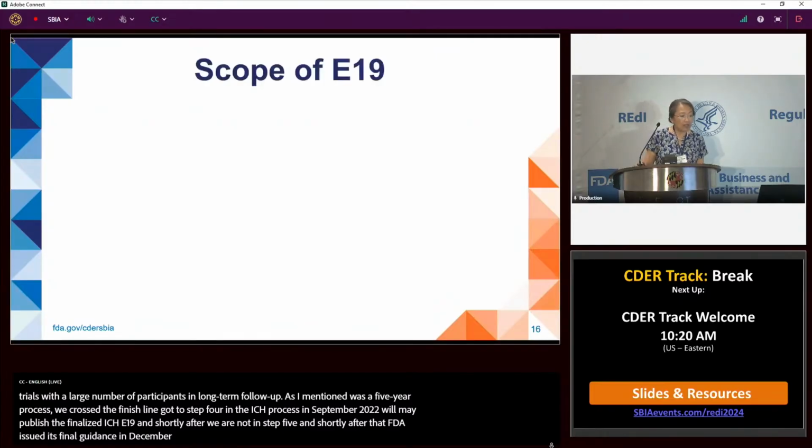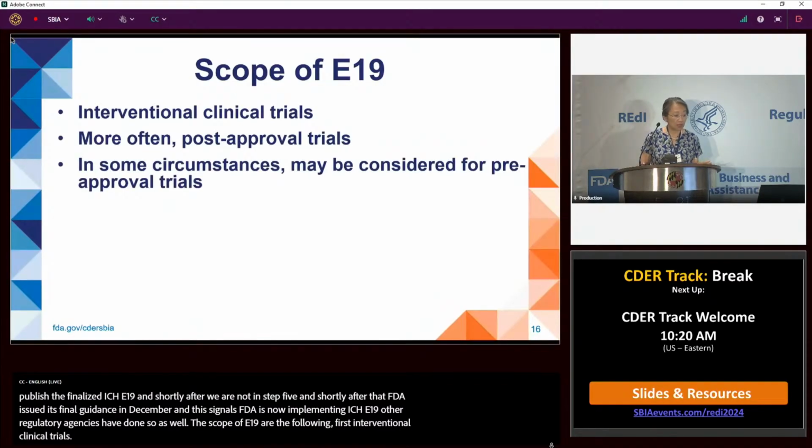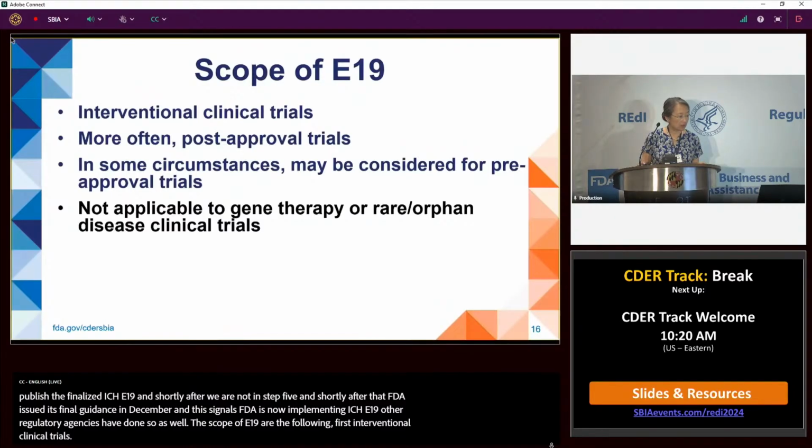And the scope of E19 is the following. First, it's to interventional clinical trials. Most often it's in the post-approval trials. But in some circumstances, it can also be considered for pre-approval trials. It's not applicable to gene therapy or rare orphan disease clinical trials.